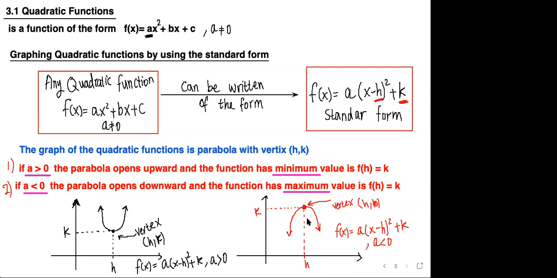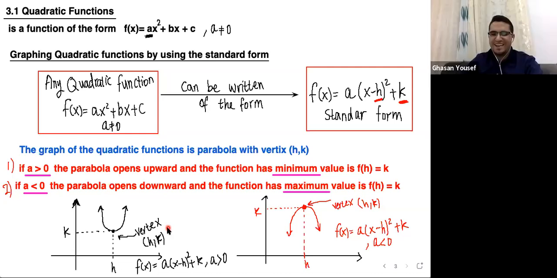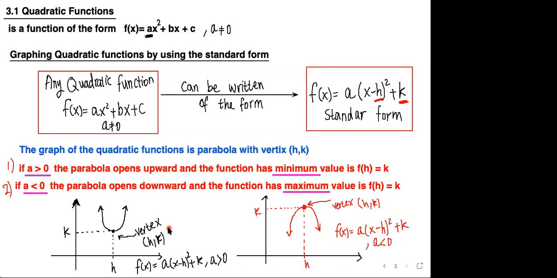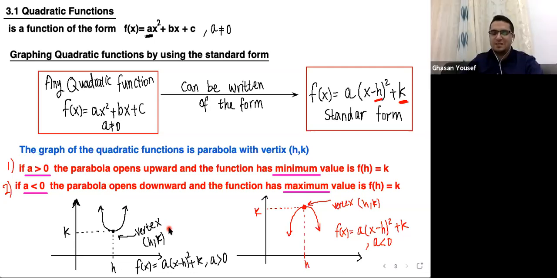Oh, okay, that makes sense. So the y coordinate of the vertex determines the value of the maximum and minimum, right? Exactly. The y coordinate defines the minimum and the maximum of the quadratic function.